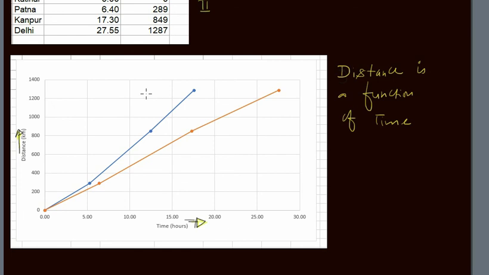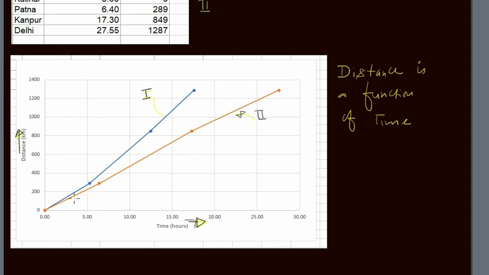Now I have two plots. So this plot is for train 1, and this is for train 2.